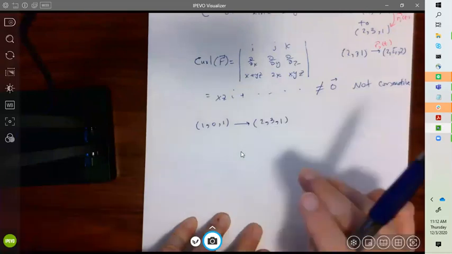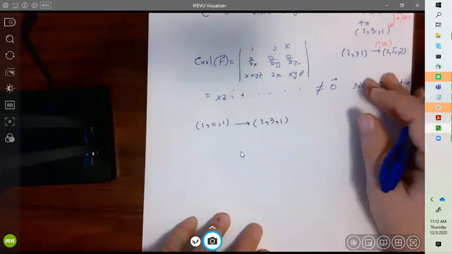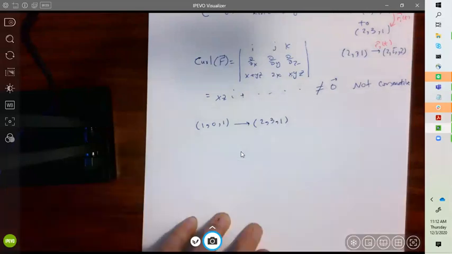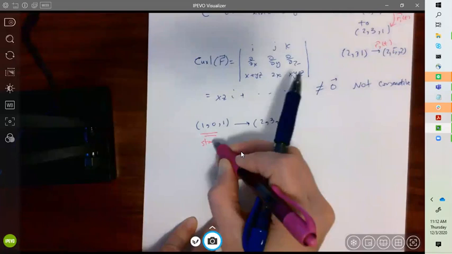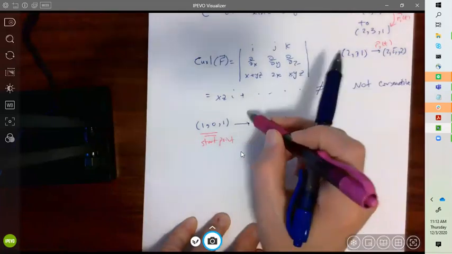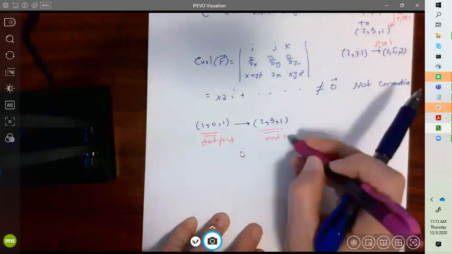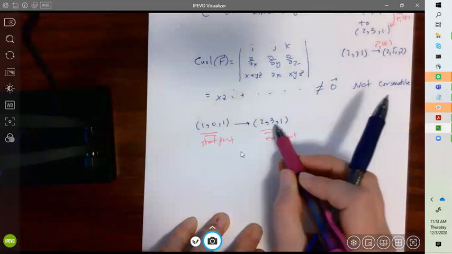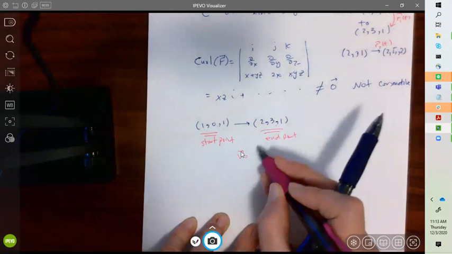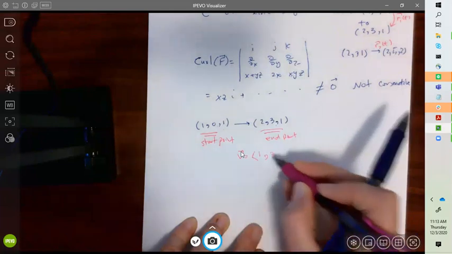My recommendation, because beginning point and end point matter and you want to have a nice t, is to take the beginning point, the start point, and find the vector from beginning to end. This is beginning, this is end. And so the vector from beginning to end is v equal to 2 minus 1 is 1, 3 minus 0 is 3, and 0.